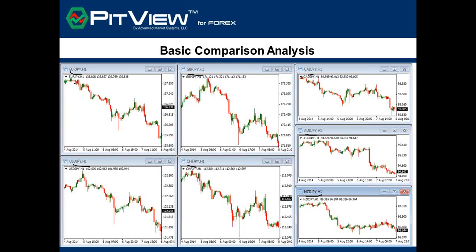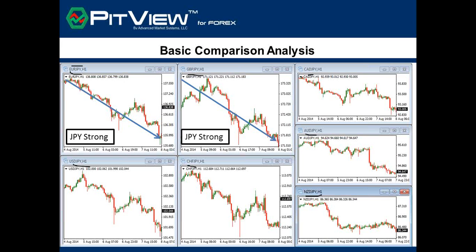So when you look at euro yen right in here, the yen is the quote currency on all of these. If we looked at all these charts and asked, how is the yen performing against all these other currencies? Well, we would look at the euro yen and see that it's going straight down. When that's going down, obviously, that means the euro is getting weaker and the yen is getting stronger, so that is showing that the yen is strong. The pound yen, again, is also making lower highs and lower lows, going down, pound getting weaker, yen getting stronger, also yen strength.